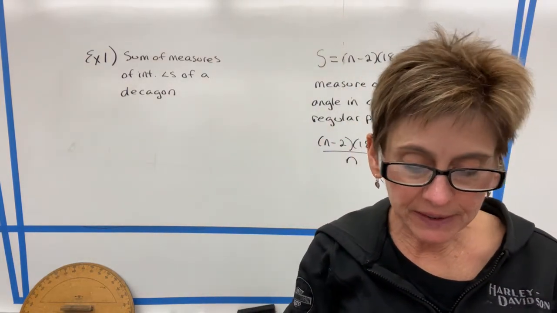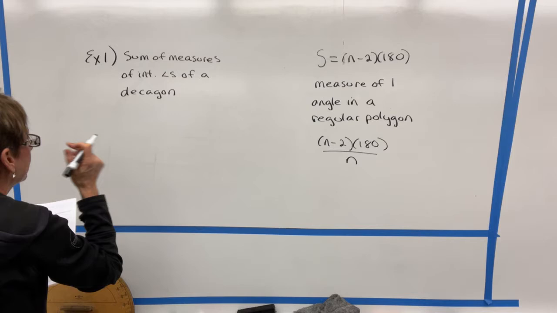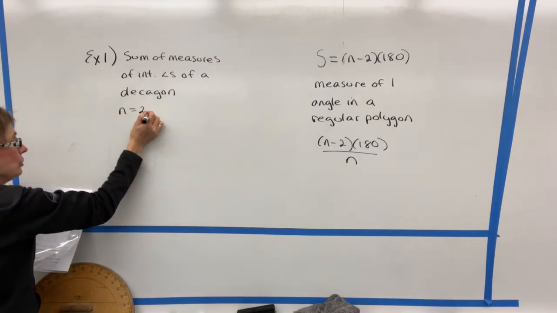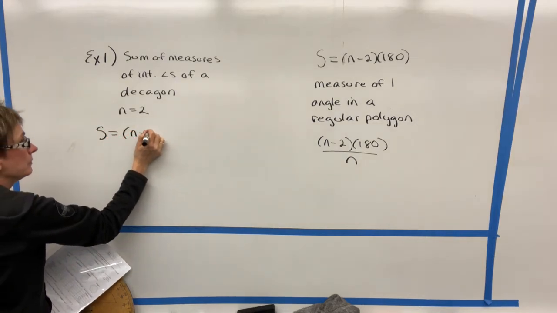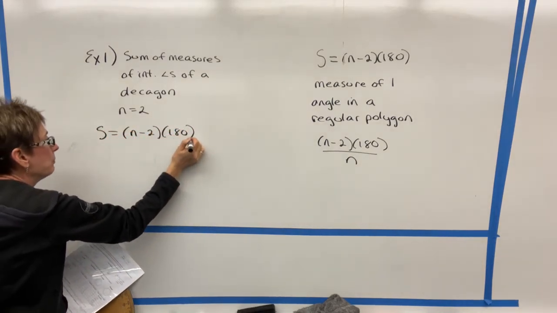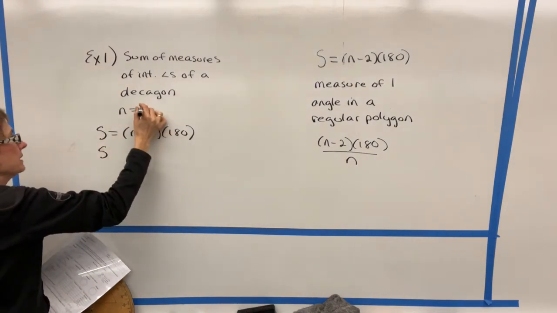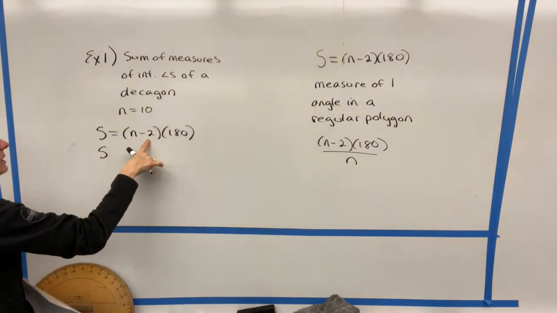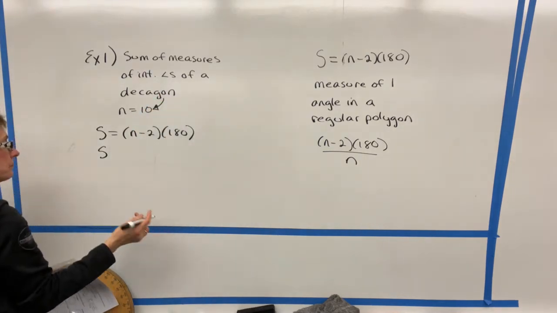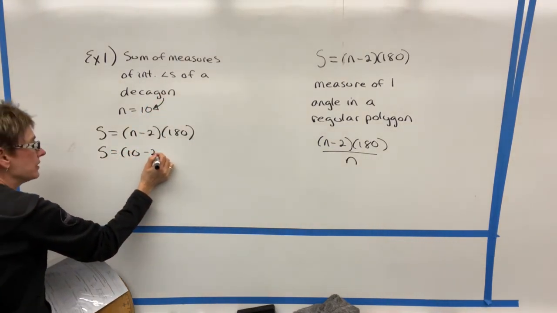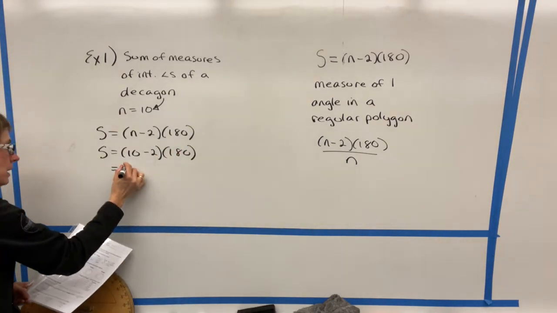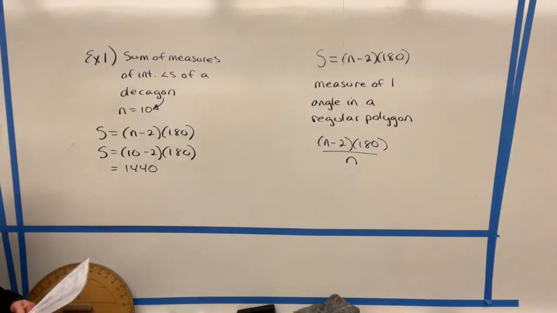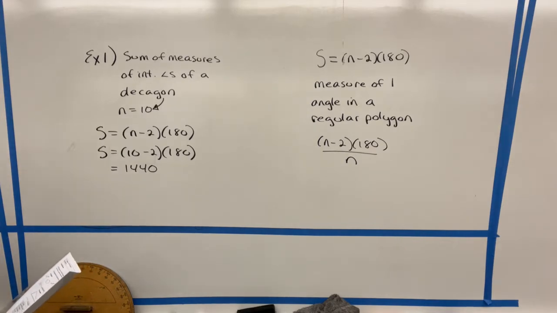So decagon means that n is 10. Using my formula, I would do 10 minus 2 times 180, which is 8 times 180, or 1,440. So all 10 angles of a decagon would add up to 1,440.